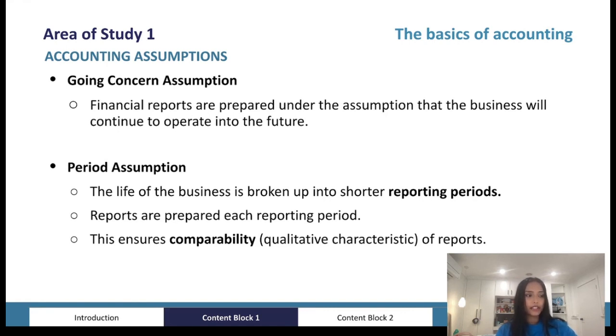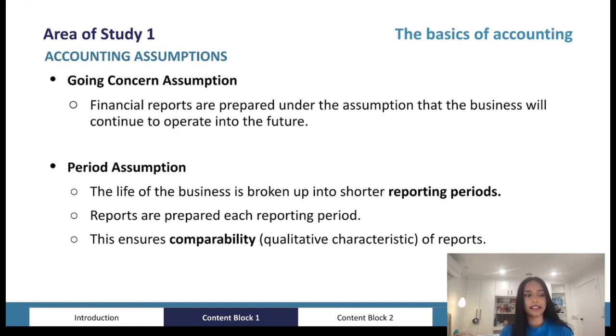The reporting period assumption states that reports should be prepared regularly for a particular period of time. And this could be every fortnight, every month, every quarter, so on. The minimum period that reports have to be prepared for is at least once a year because of tax requirements from the ATO.